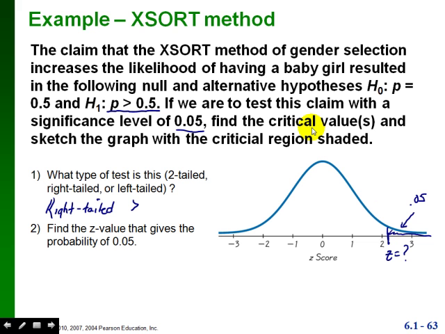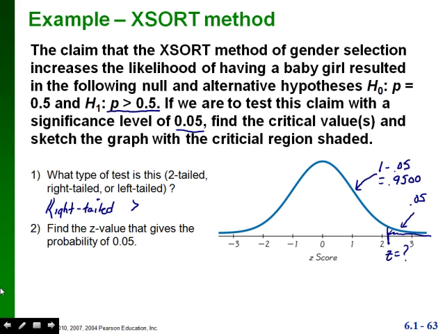Now, if you remember, when we use our z-table, the z-table goes from a value to the left, not from a value to the right. So in order to use our z-table for this, we're going to have to figure out what the area is to the left of this cutoff value. And it's just going to be 1 minus our alpha. So it's going to be 1 minus 0.05. So that's going to be 0.95 or 0.9500.